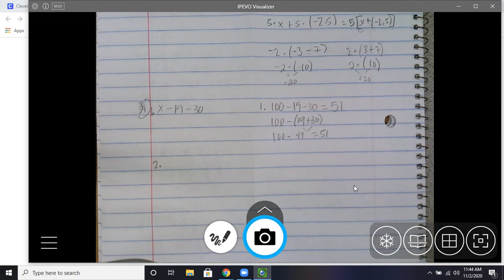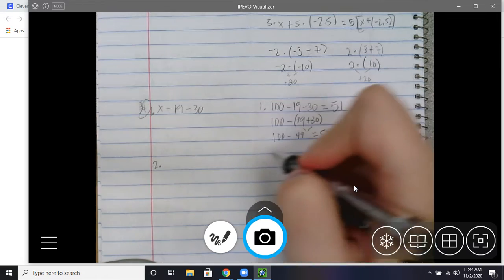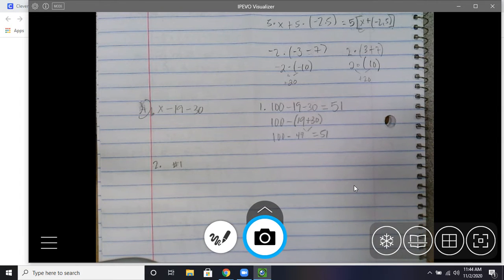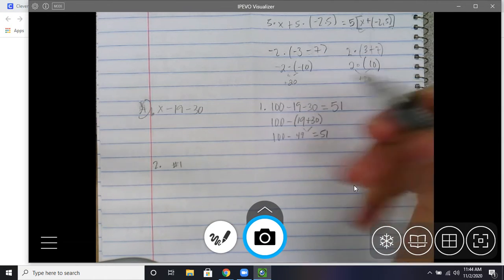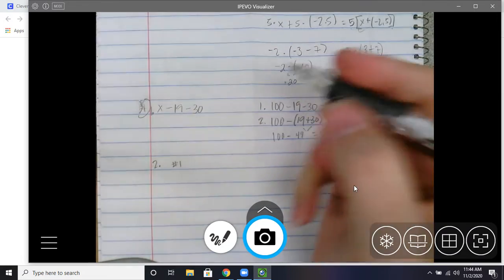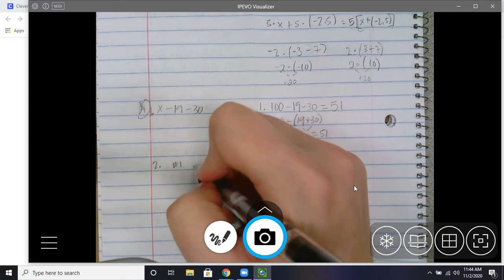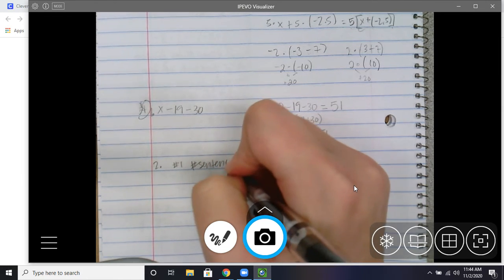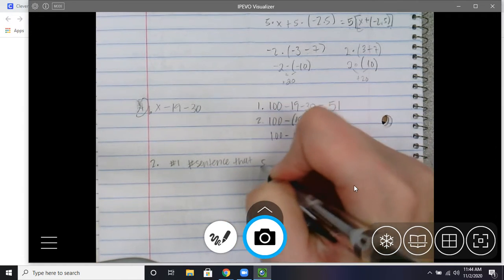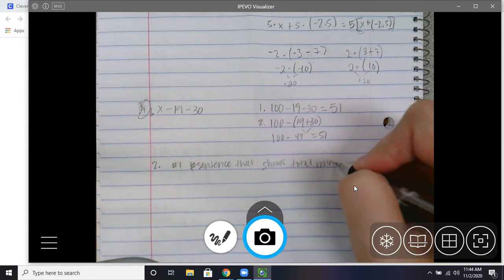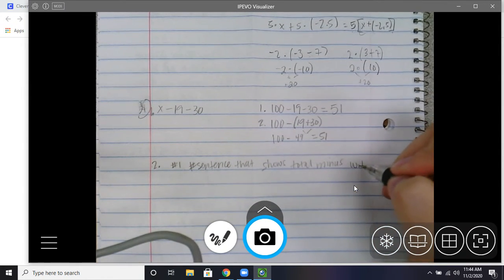Number 2 says, describe how the 2 ways are different. So basically you would say for the first one, for way number 1, I guess I should label those number 1 and 2. So way number 1 is just like a number sentence that shows total minus the withdrawals.